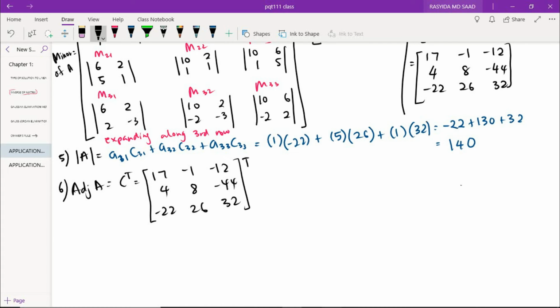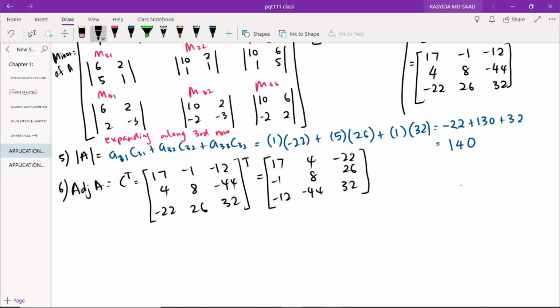Not inverse, but transpose of this cofactor, you will get 70, negative 1, negative 12, 4, 8, negative 44, negative 22, 26, 32. So this is the adjoint.